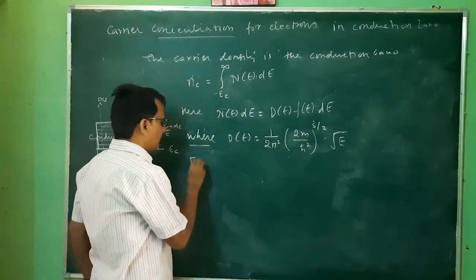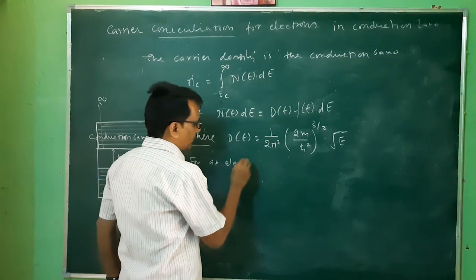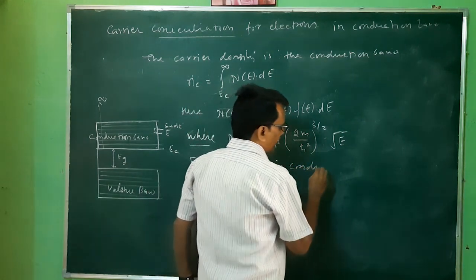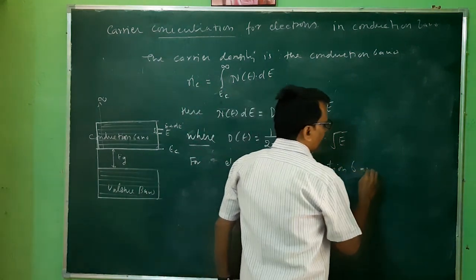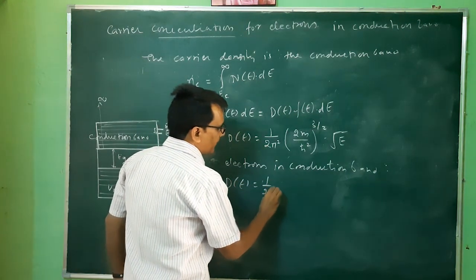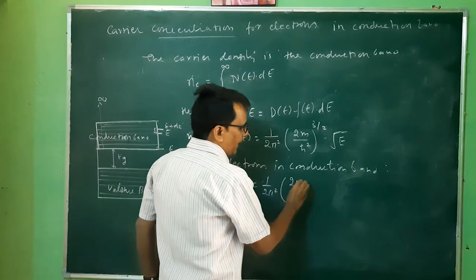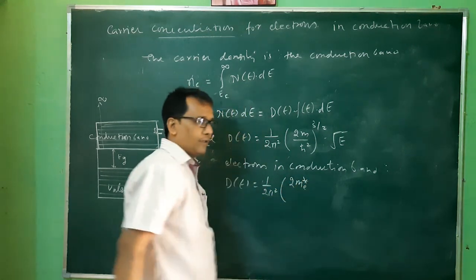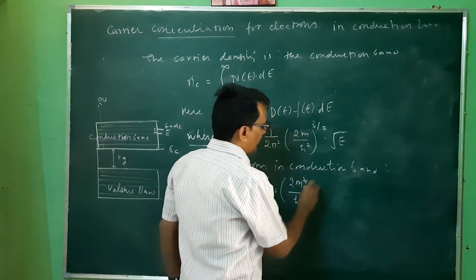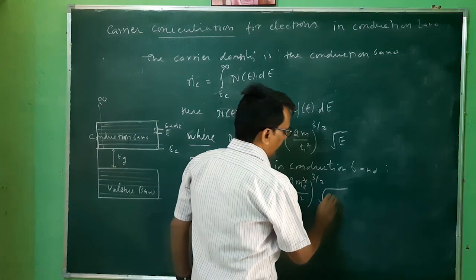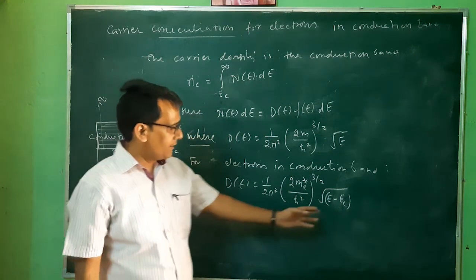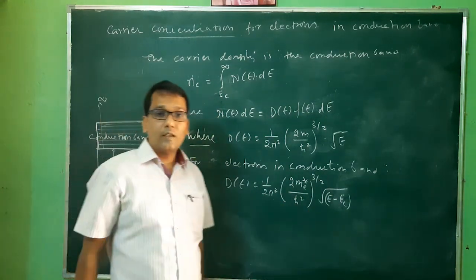And for electrons in the conduction band, we will have g(E) dE, which is equivalent to 1 upon 2π² (2me*/ħ²)^(3/2) √(E − Ec), where me* is the effective mass of the electron, and the energy E is replaced by E − Ec, where Ec is the lower energy value of the conduction band.